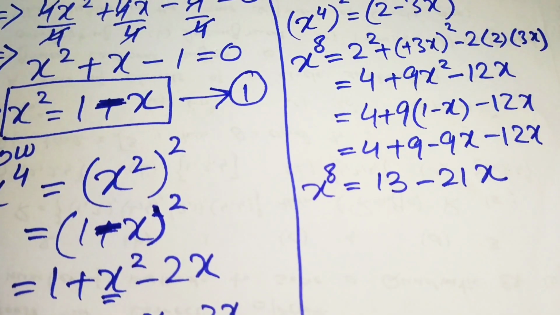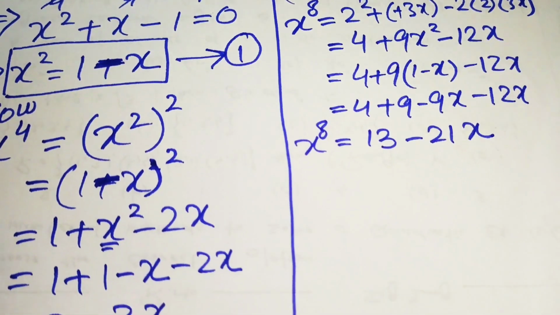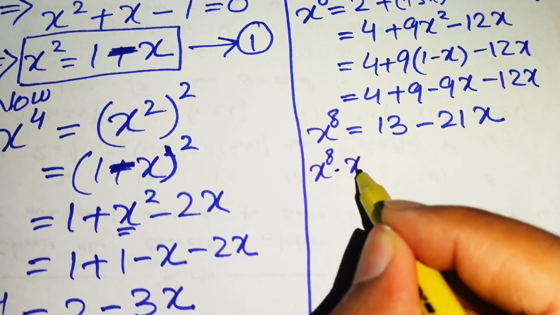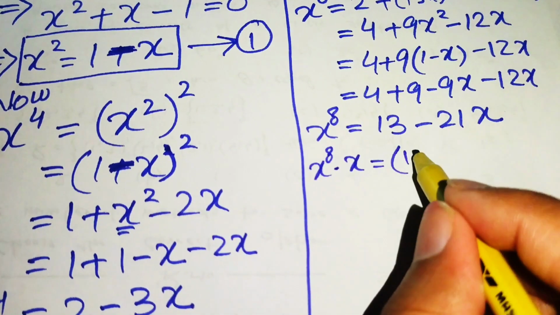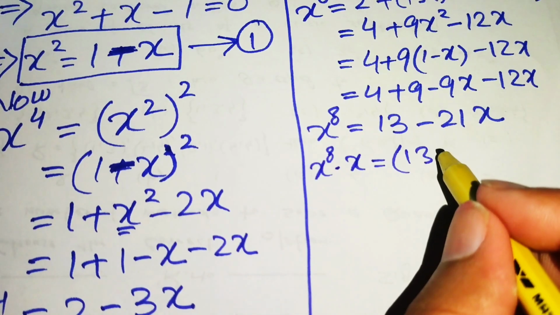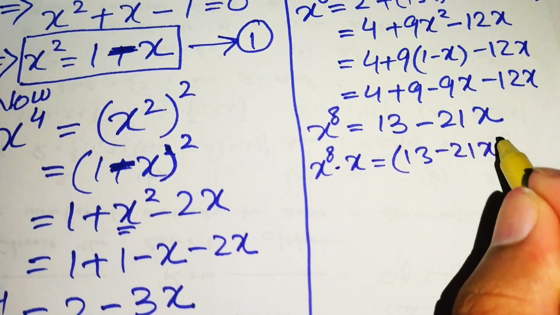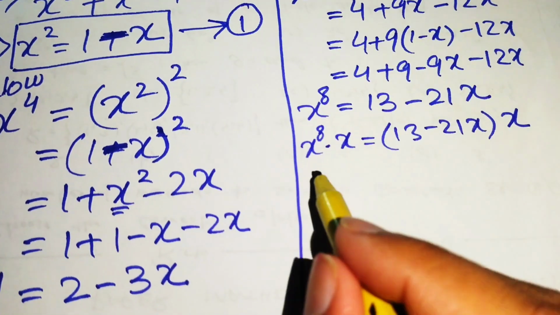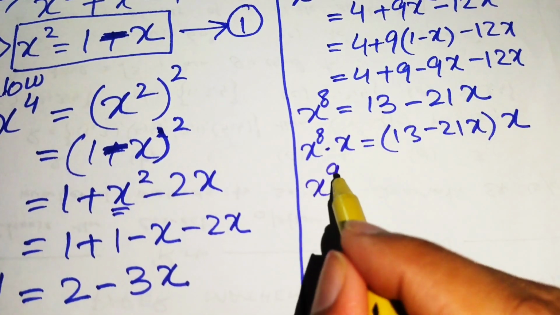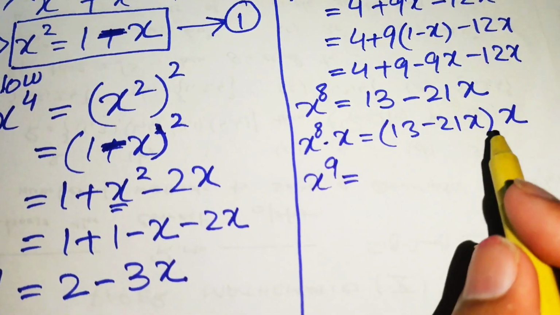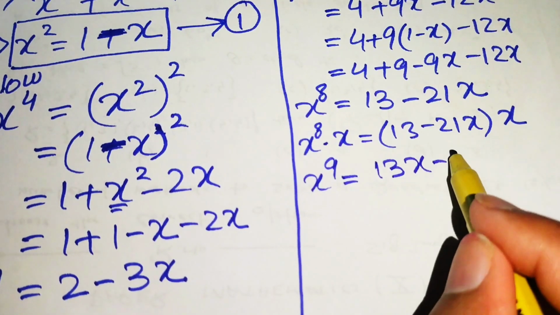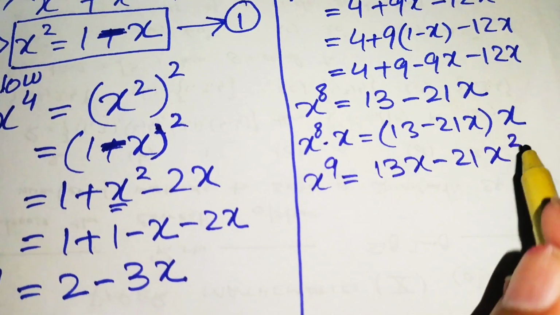Because our target is to find the value of x to the power of 9, we need to multiply both sides by x. So you get the values in this form, (13 minus 21x) into x. We multiply x on both sides. On the left hand side you get x to the power of 9 equals, multiplying x on both terms, 13x minus 21x square.